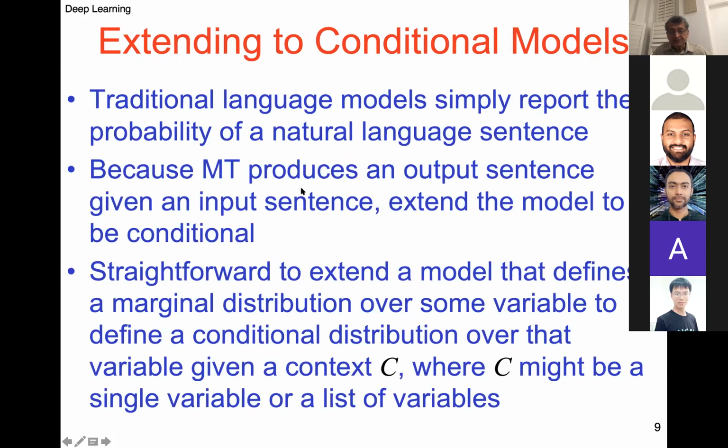Machine translation produces an output sentence given an input sentence, so we extend the model to be conditional. Given this, what is the most likely output? So it's a conditional probability. It is straightforward to extend a model that defines a marginal distribution over some variable to define a conditional distribution over that variable given a context C, where C might be a single variable or a list of variables. So, taking into account the context, translation is performed. And again, these are all conditional models.